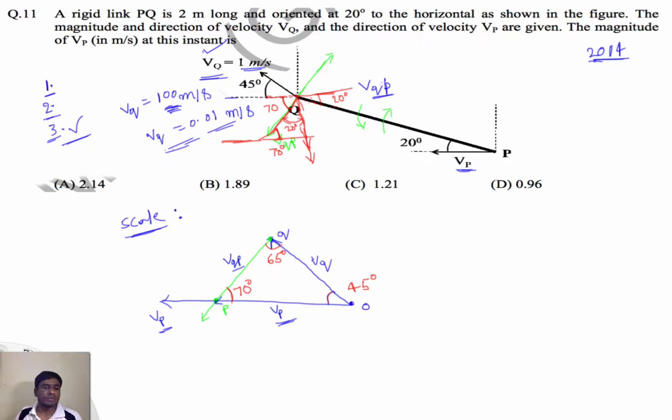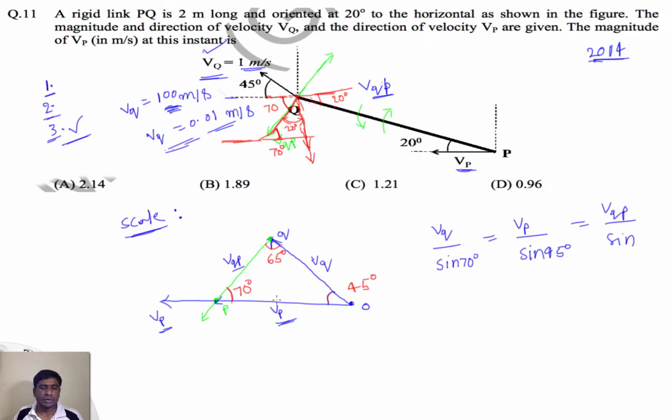And here again we can apply the sine formula. So the sine formula: VQ over the sine of the angle opposite to VQ, that is sine 70 degrees, equals VP by sine 65 degrees, equals VQP by sine 45 degrees.